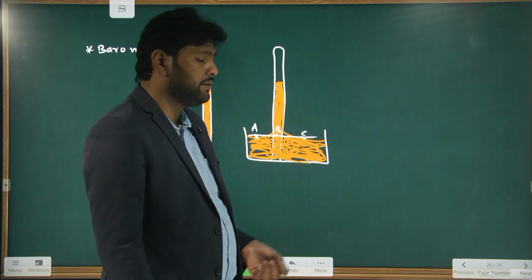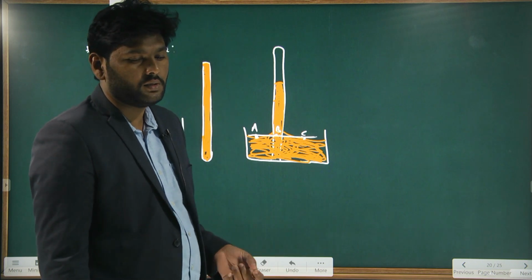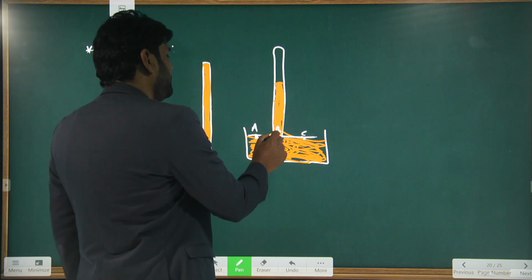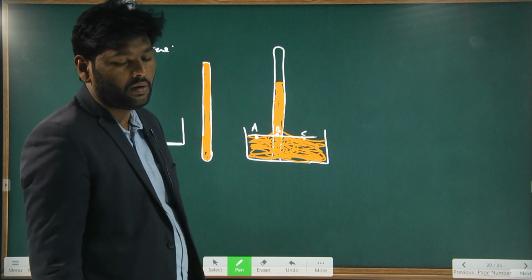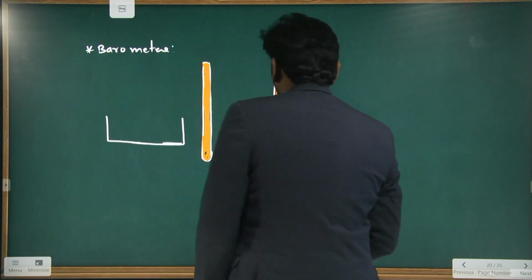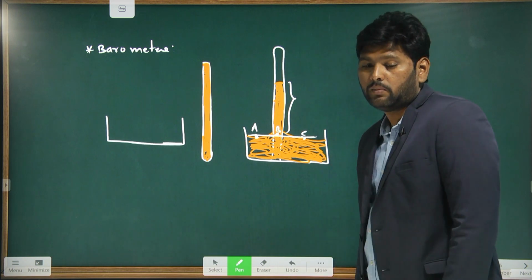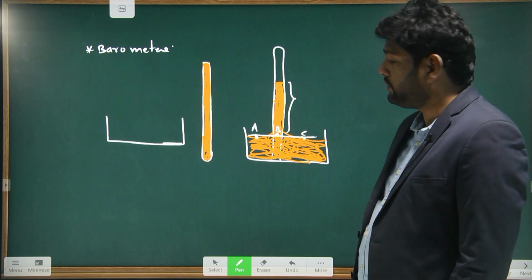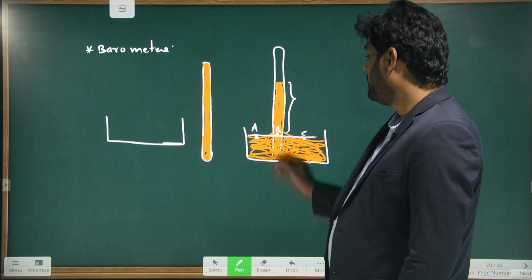Across C also you have the pressure due to atmosphere. But across B, you will have pressure because of this mercury column.